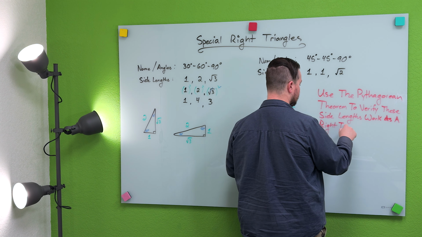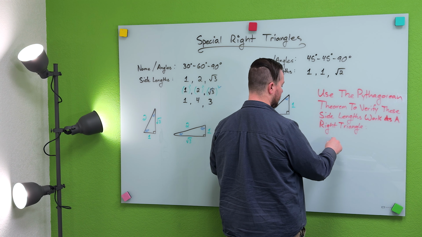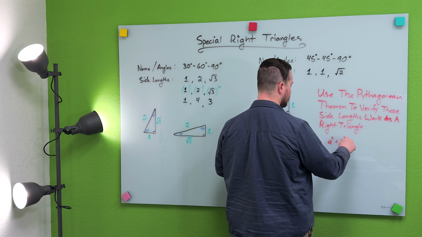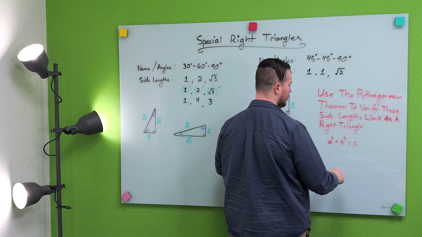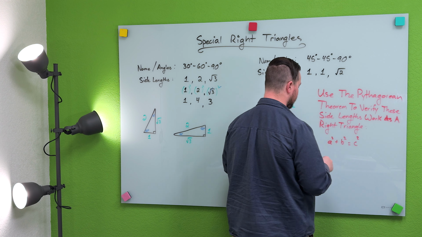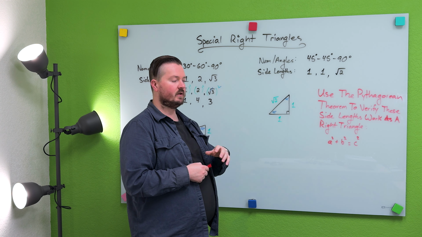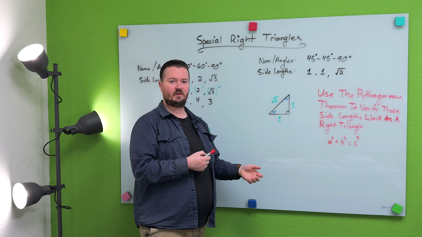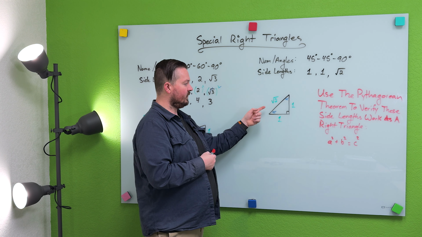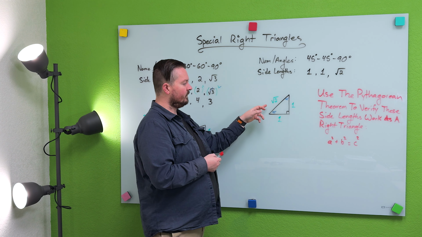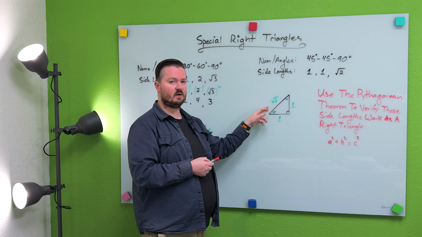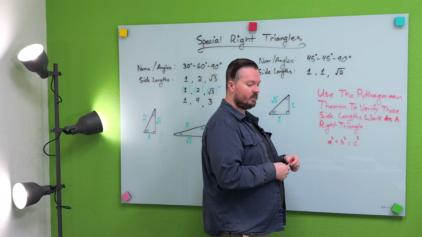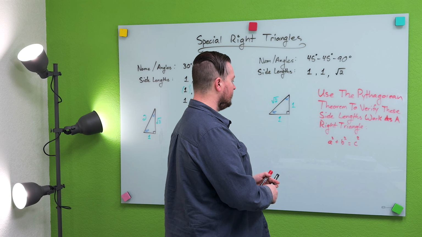So the Pythagorean theorem says we take one leg, a, and we square it. We take another leg, b, and we square it. That should be equal to the hypotenuse squared. And just recall, the hypotenuse is the longest side of a right triangle, and only right triangles have a hypotenuse. If you have a triangle that's not a right triangle, then the longest side is not called the hypotenuse. So here we have this Pythagorean theorem. So let's go ahead and fill this in.